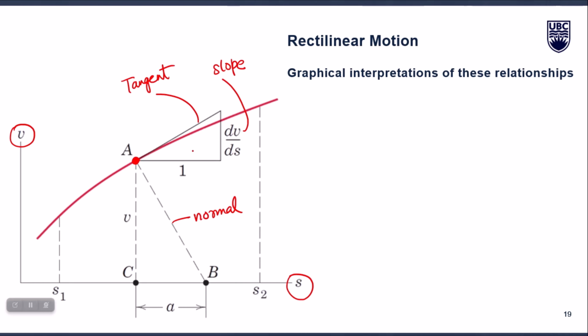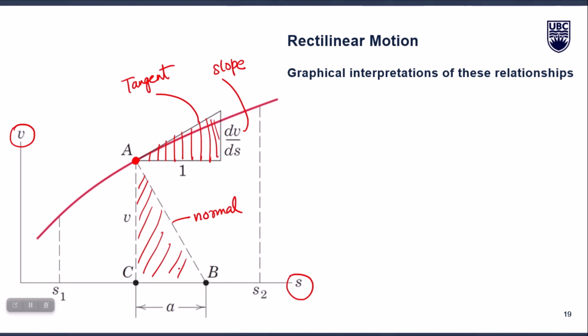Whatever is the slope, that is the first derivative of V with respect to s, meaning dV by ds. Now let's see these two triangles. This small triangle is drawn just for the purpose of showing the slope of the tangent, and this other triangle is ACB.